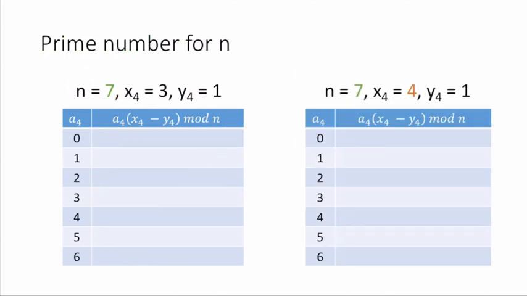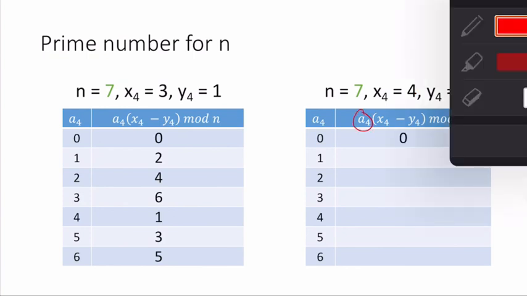Well, maybe that's just because of our particular values of X4 and Y4. So let me put the values for the first column back. And now, maybe we just got lucky and it was because of these two values that things didn't collide. So let me change one of those and we'll go through the same process again. We're definitely going to end up with 0 for the first one, because you multiply anything by 0 and you get 0.